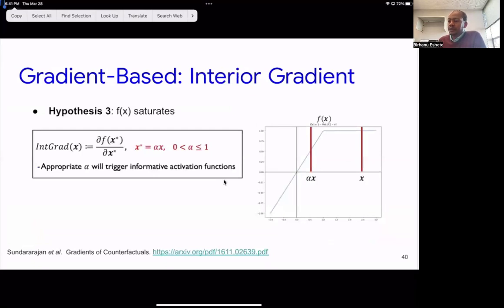The other approach that is gradient-based is what we call integrated gradients. And this one serves for handling the case where the function saturates. And what you would be doing is simply scaling. So you're going to use some scaling parameter alpha, where you would basically lift up the signal that the feature would give locally, so that the feature would be equally useful globally and locally.